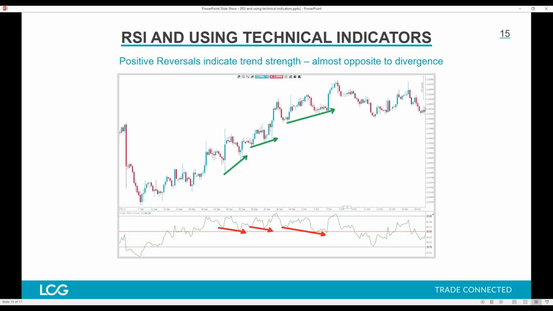Now, basically one is the opposite of the other, so I've just shown positive reversals on the screen here, and again it's our same chart that I've plucked out. What I'm hoping you're also picking up behind the scenes is that if you can combine a few of these different techniques together, it really adds strength to the probability that your trade works out.